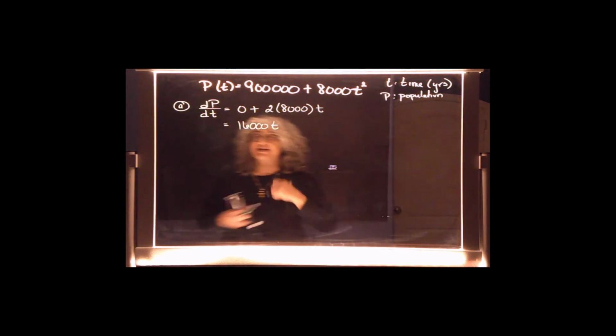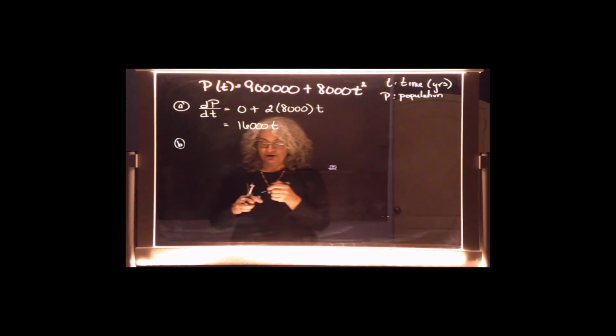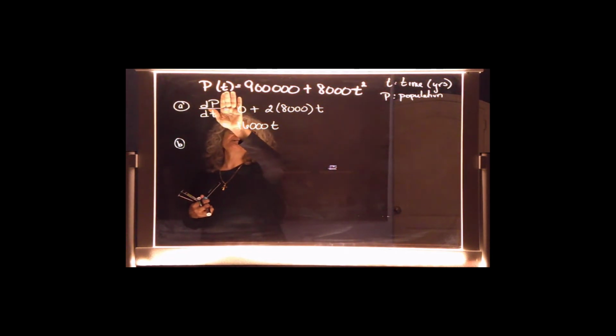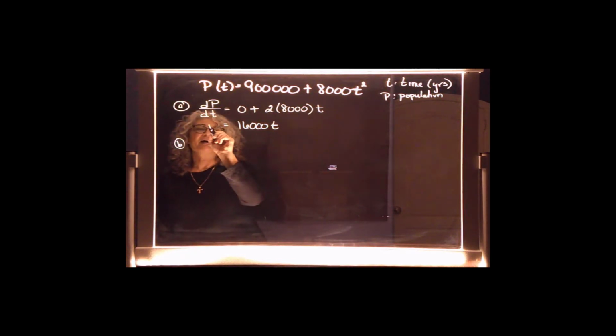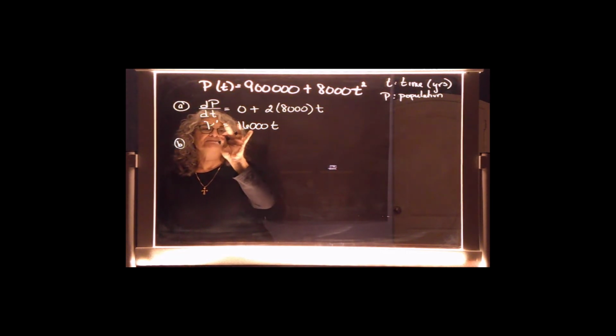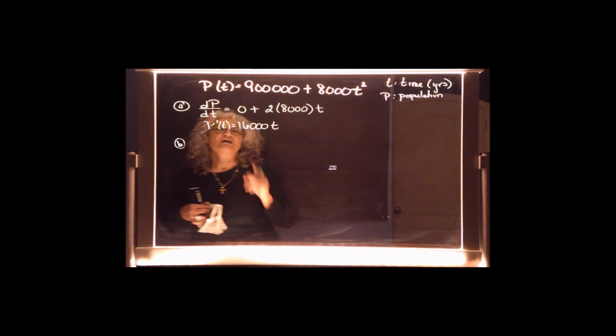All right. And then there's a part B. And part B says to please find the population after 10 years. Okay, so now you've got two functions to deal with. You've got the original one, and now you've got the 16,000 T, and I am just going to shorten this up and put P prime of T. Because technically that's another way for me to write this.